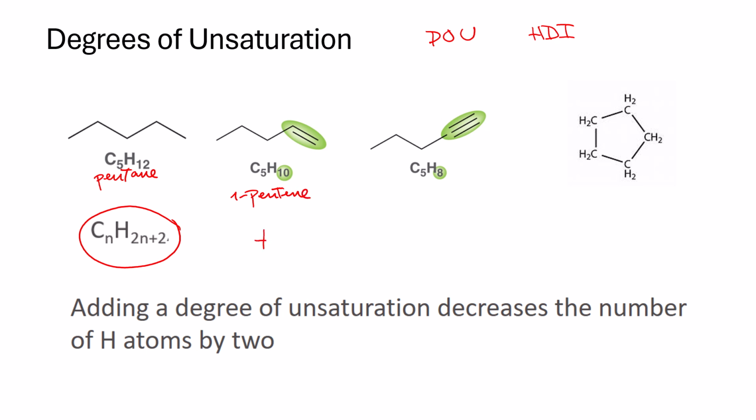Notice this difference of two hydrogen atoms, in other words, a molecule of hydrogen, is equivalent to one HDI. HDI equals 1, so 1 unsaturation. 12 minus 10 is 2 hydrogens, 1 molecule of hydrogen. When you do 12 H's in pentane minus 8, now you have a difference of 4 H's, which is 2 molecules of hydrogen. So that is an unsaturation number of 2.